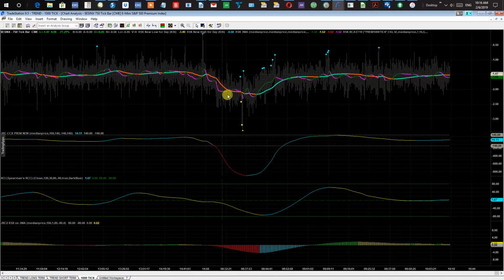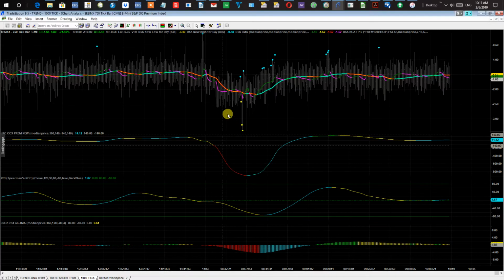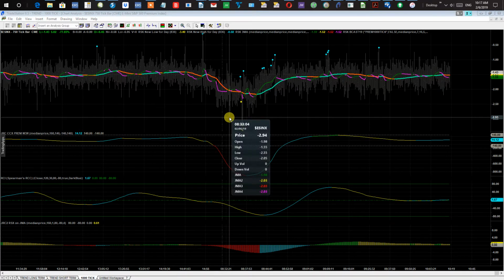So as we're moving down, I'm thinking we're not going to get much of a move up here. So I'm likely to look at executing a short on the first move down on the premium. In other words, we're going to let it cycle up, and then on the first move down, that's a potentially good place to execute.